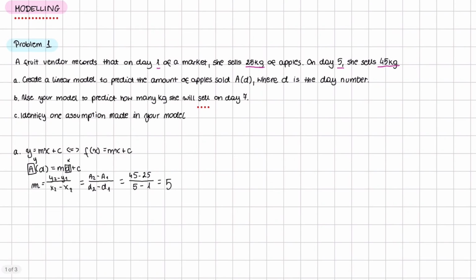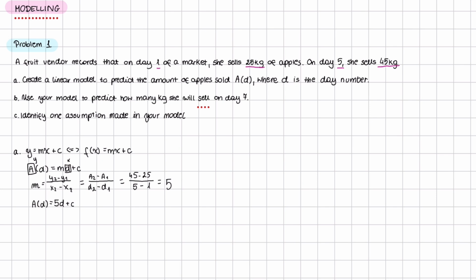So for now our function looks like this, and we have to calculate c. We can calculate it simply by substituting day 1 or day 5 with its apples sold.